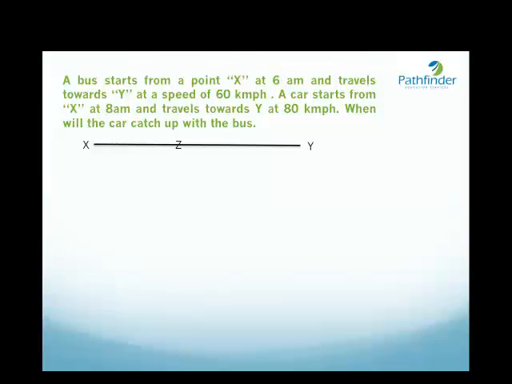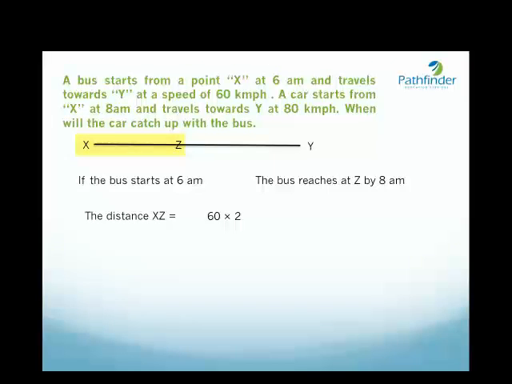The bus travels from the point X to the point Z from 6 to 8 am, that is in 2 hours. So let us first see what is this distance XZ. If the bus starts at 6 am, the bus reaches Z by 8 am. The distance XZ must be simply the speed of the bus times the time 2 hours, that is equal to 120 km.